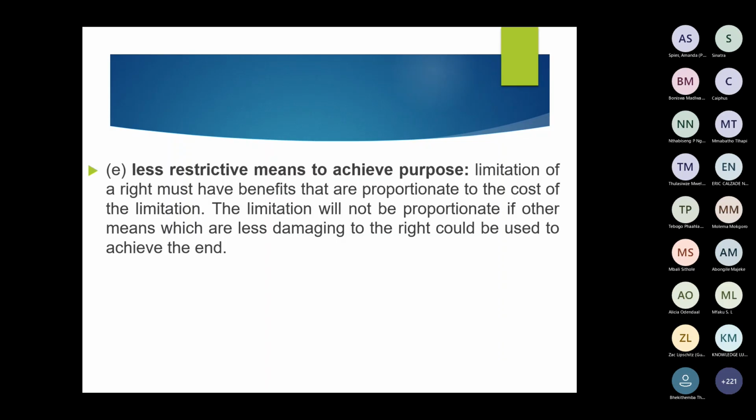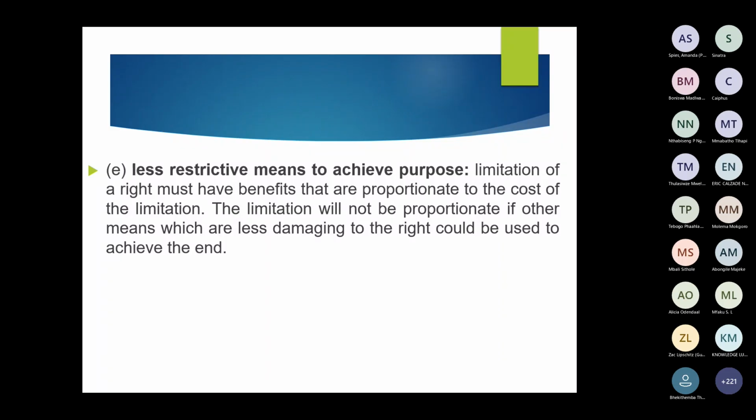Limitation of a right must have benefits that are proportionate to the cost of the limitation. Still the best example, and also to see how the court really applied these 5 factors, is one of the first judgments of the Constitutional Court, the S versus Makwanyane judgment, in which the court had to decide on the constitutionality of the death penalty.